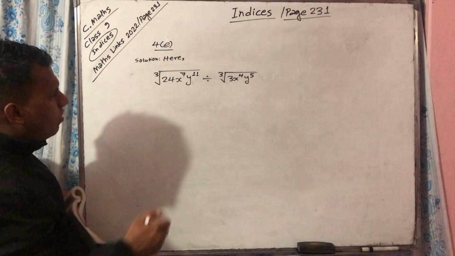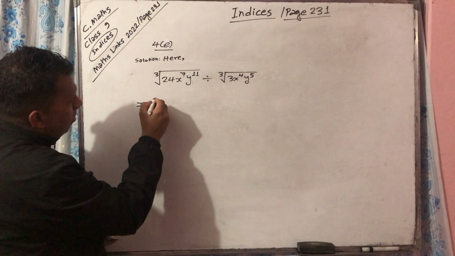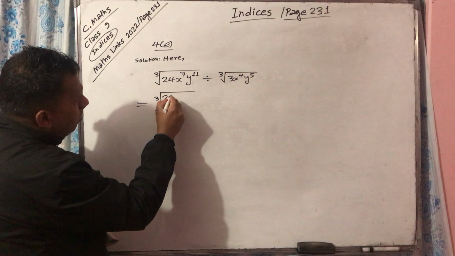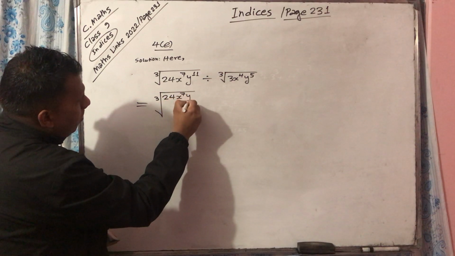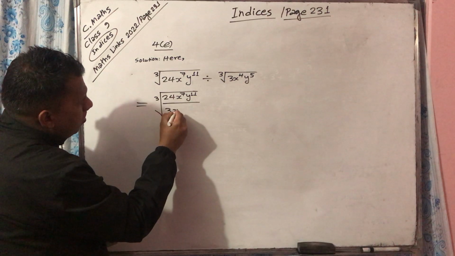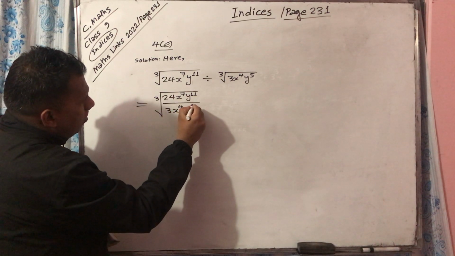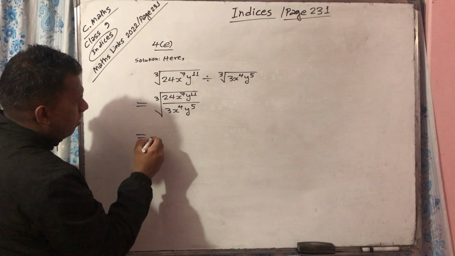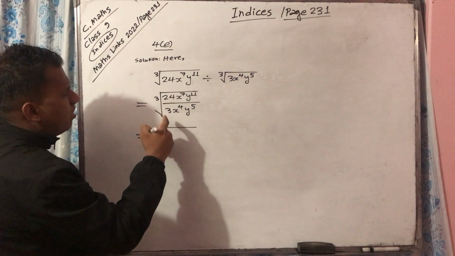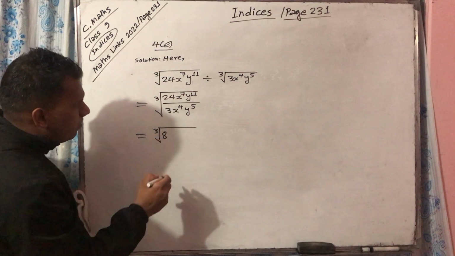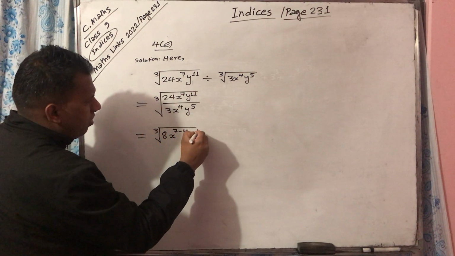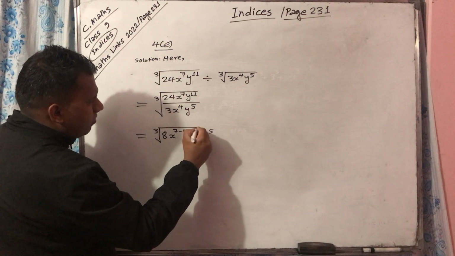Okay, since the order is the same, so we can put in a single root. Cube root of 24 x to the power 7 y to the power 11 upon 3 x to the power 4 y to the power 5. This equals to cube root of 24 divided by 3, it becomes 8. X to the power 7 minus 4, y to the power 11 minus 5.